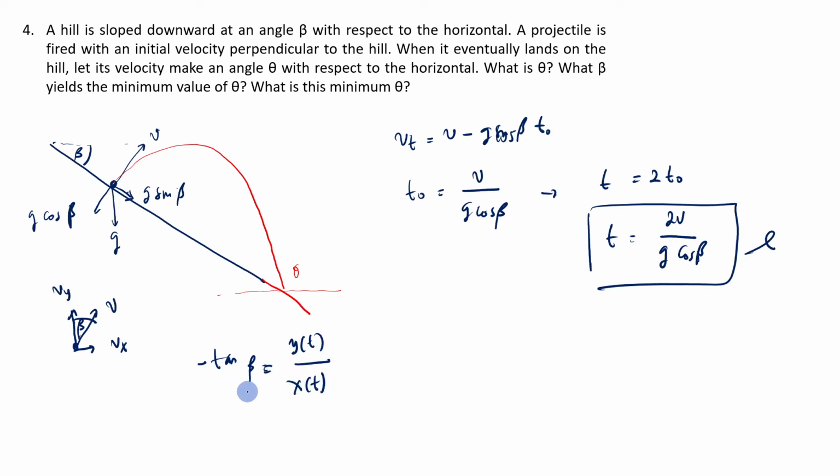And tan beta, by the identity of trigonometry, equals sin beta divided by cos beta. We can write y as a function of t equals Vy t minus 1/2 g t square, divided by Vx t, and of course equals minus tan beta by the trigonometry value.